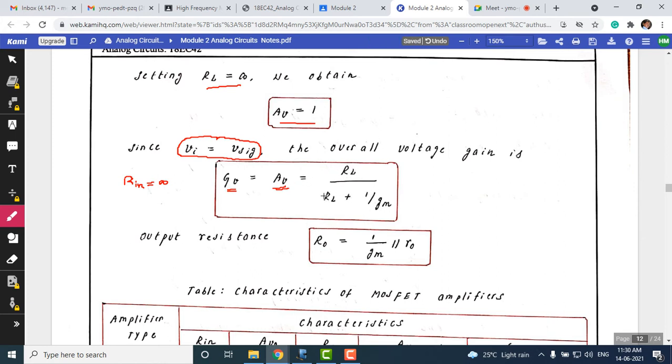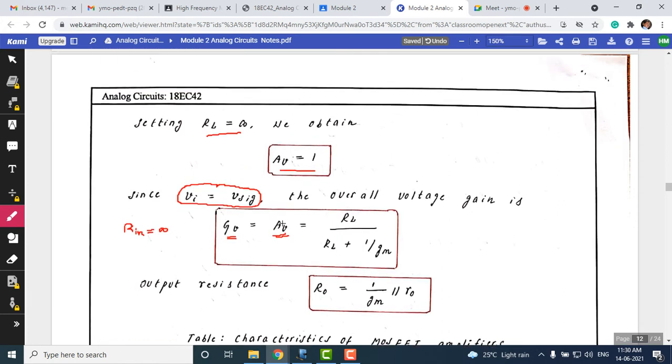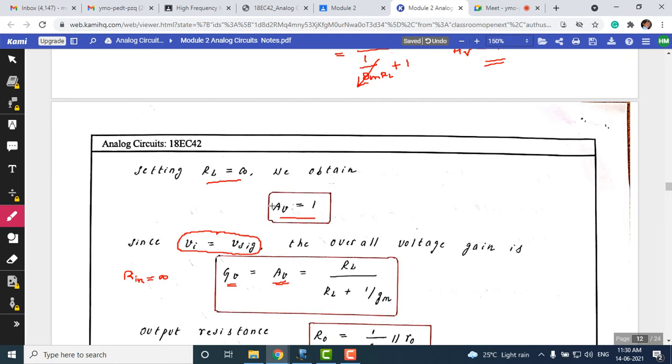This we have already shown for AV. Now we equate this to GV. I hope you understood how to find the overall voltage gain equation, and we have shown that the voltage gain for the common drain amplifier is 1.